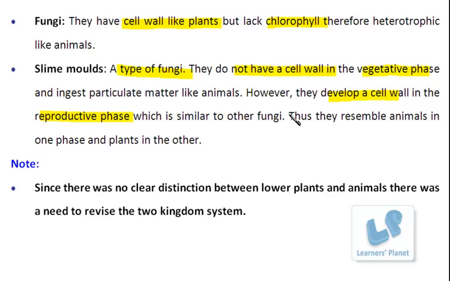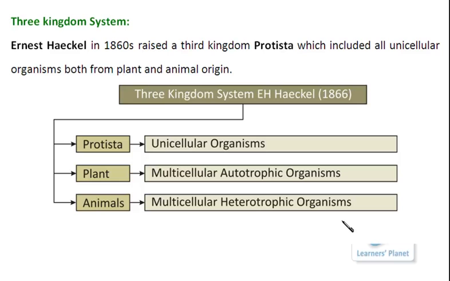So this is how the confusions were created because of such unique features present in these lower organisms. And thus there was no clear distinction between the lower plants and animals, and hence there was a need to revise the two kingdom system. And this is the reason why the three kingdom system was proposed. This three kingdom system was proposed by Ernst Haeckel in the 1860s.